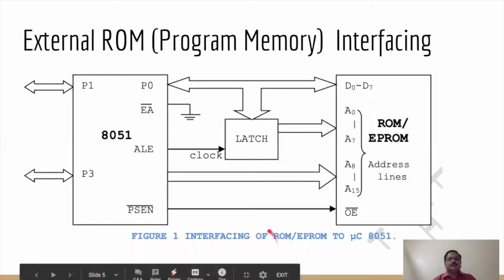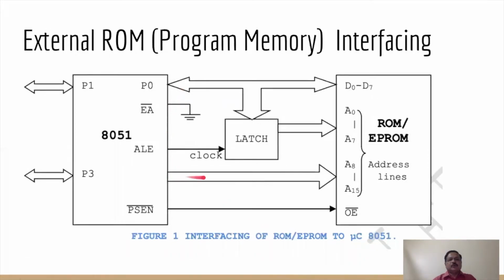You can see port 0 and port 2 lines used for address and data purposes. Port 1 is a simple bidirectional port, and from port 3, the read and write signals are used in the case of interfacing RAM. Since we are interfacing the EPROM, the PSEN signal, the program store enable, is used as a read strobe for reading this read-only memory.